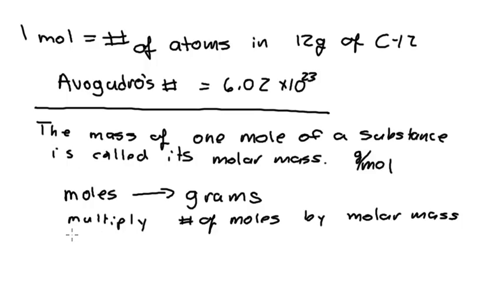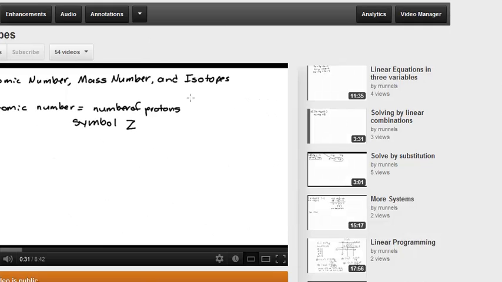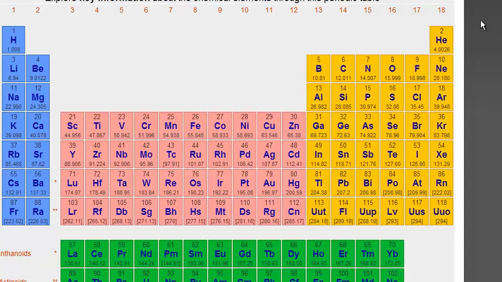So if I have 2.0 moles of helium and I want to know how many grams that is, I find out the molar mass of helium. Helium's right here, molar mass 4.0026.